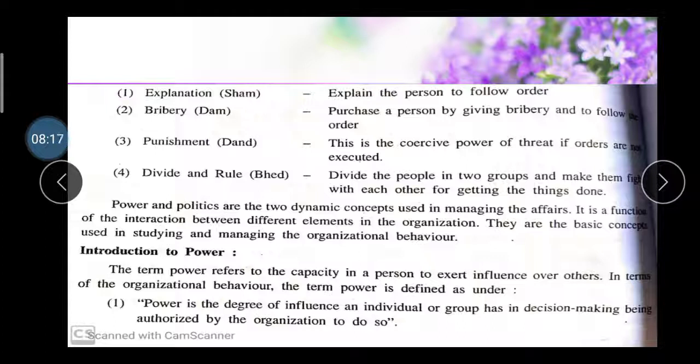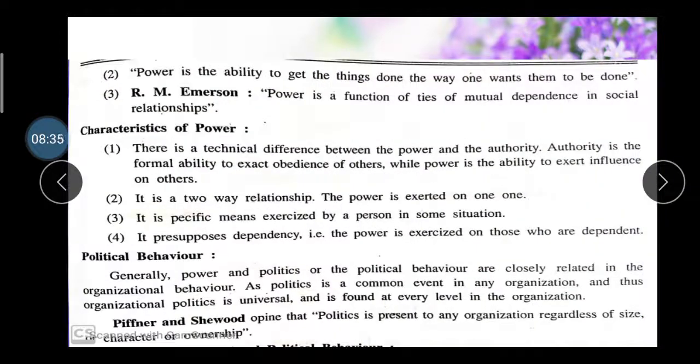In organizational behavior, power is defined, first, as the degree of influence on the group and decision making that is authorized by the organization. Second, power is the ability to get things done the way one wants them done.